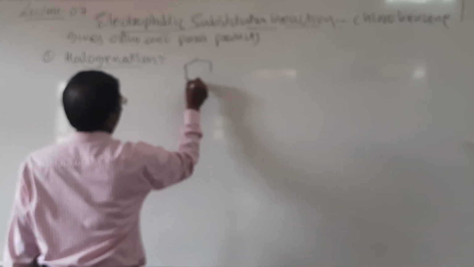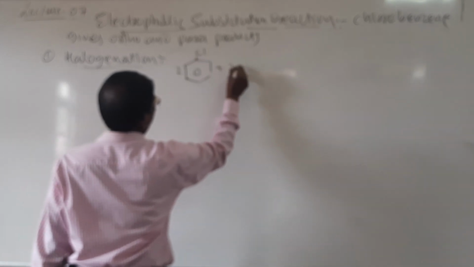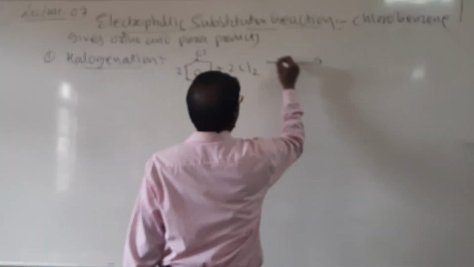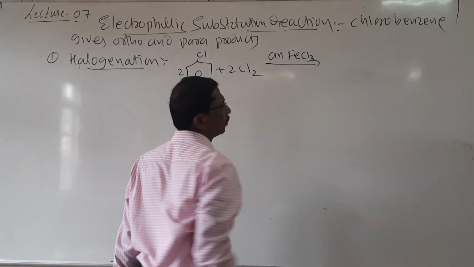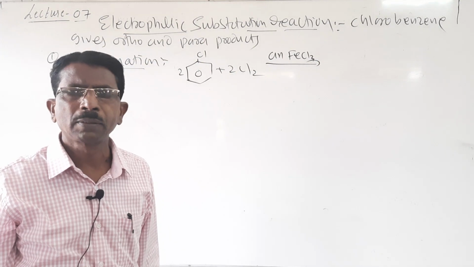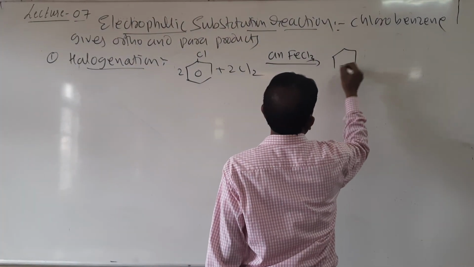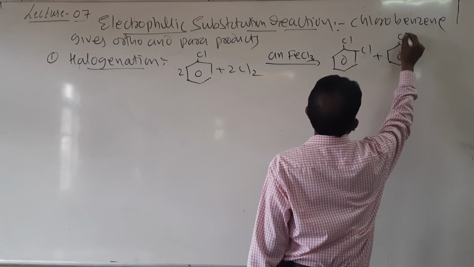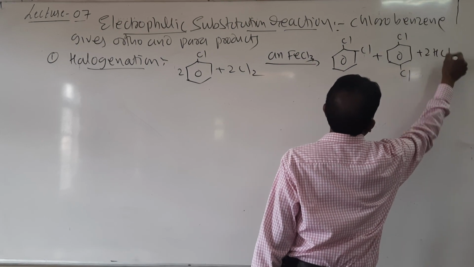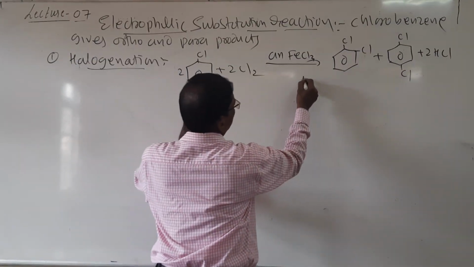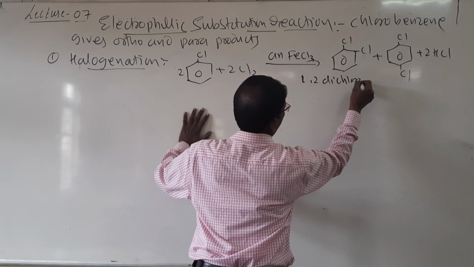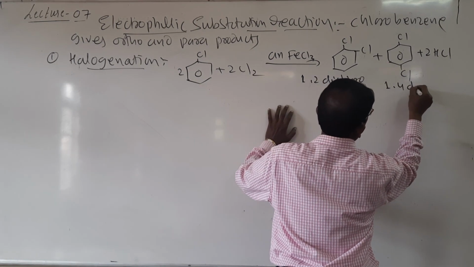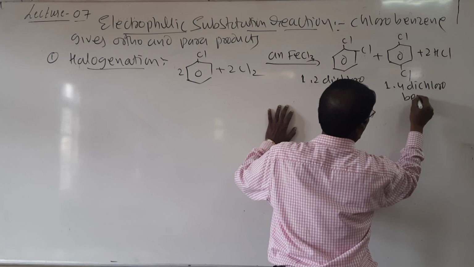When chlorobenzene is treated with chlorine in the presence of anhydrous ferric chloride or any halogen carrier, it forms 1,2-dichlorobenzene and 1,4-dichlorobenzene.